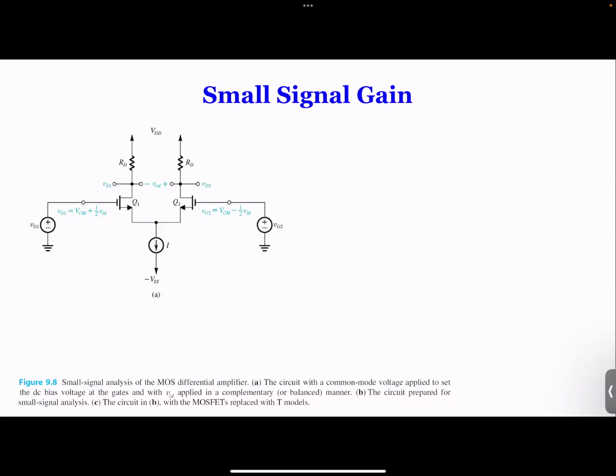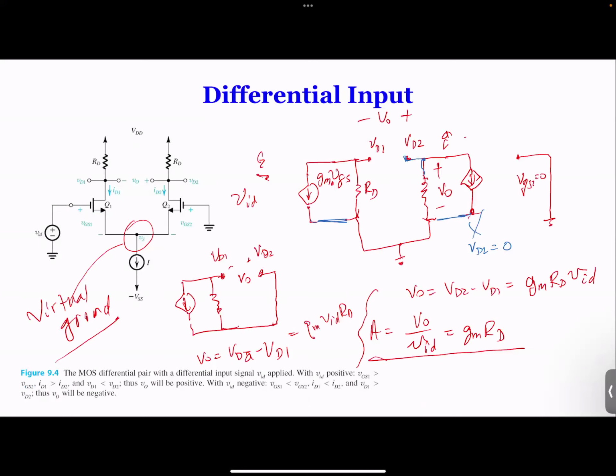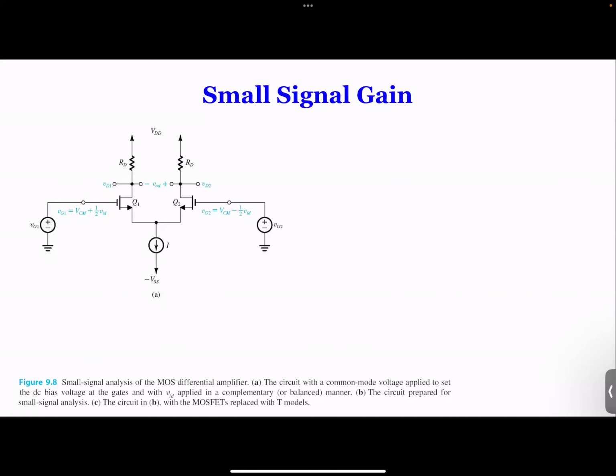Because we now have experience drawing the equivalent circuit from the previous slide, you have already drawn the circuit. The difference between this one and the next one is that the gate of Q2 is not grounded anymore. They both have a voltage source. But since we already concluded that there's a virtual ground at the source, it will make our equivalent circuit much easier.